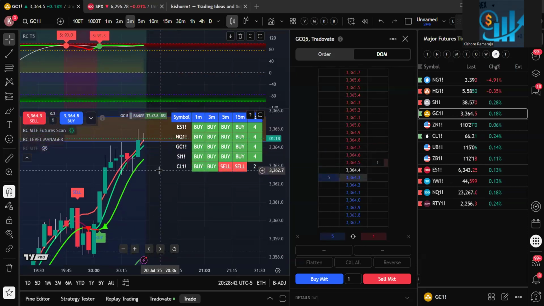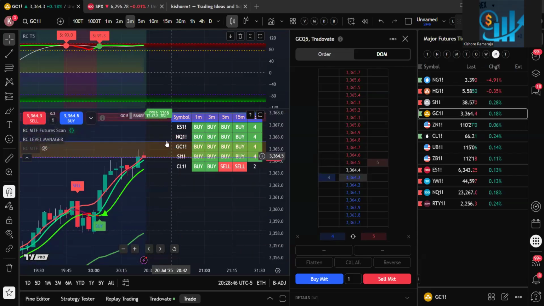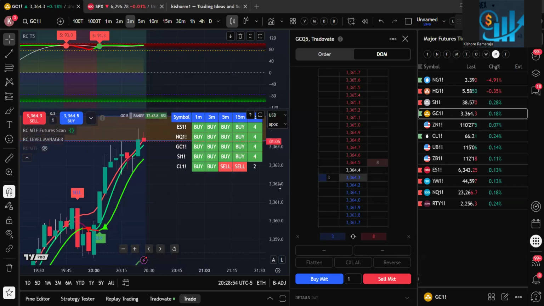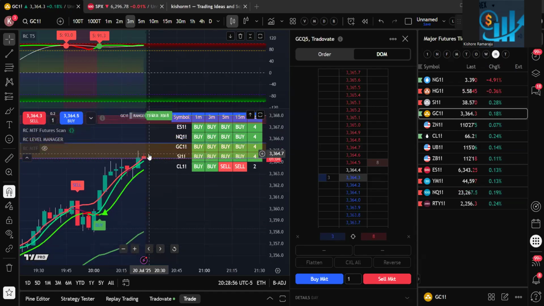It is a little high risk, but if it comes down and then if we get a buy signal, that will be a low risk trade. You can confidently enter the trade and easily make 200, 300, $400 with one contract. So that's why we closed our GC long, waiting for a pullback. If we get a sell and then if we get a buy, we can confidently go for a long position.